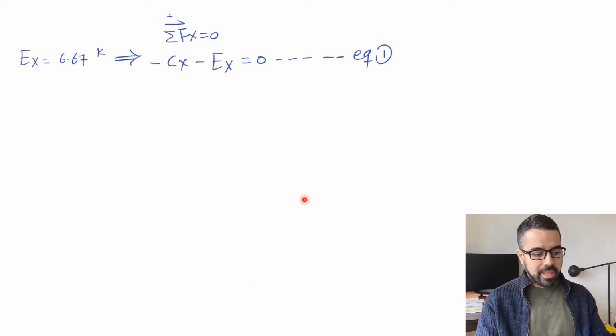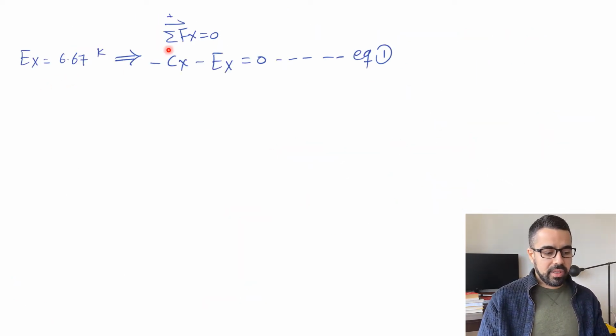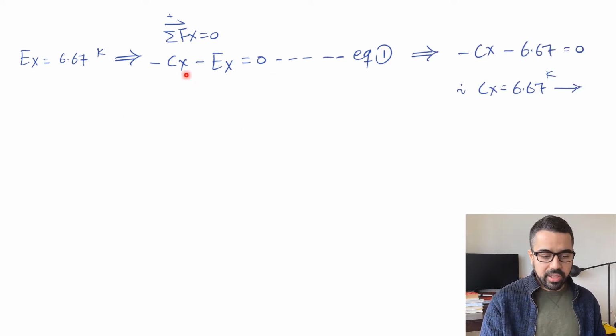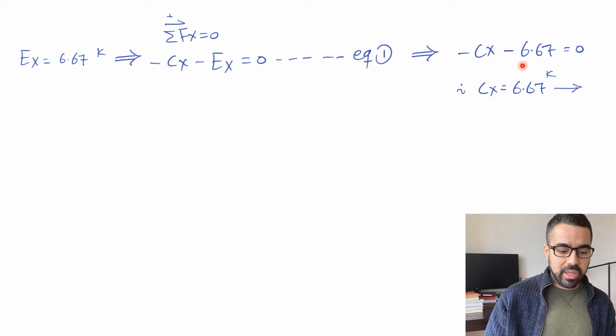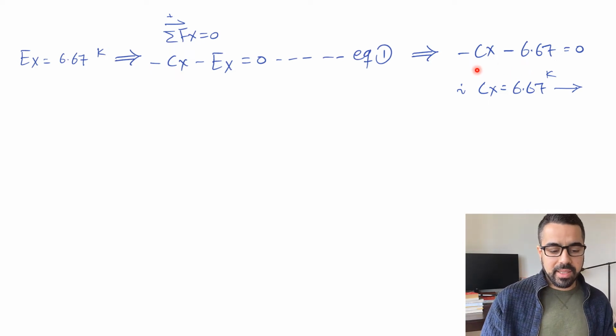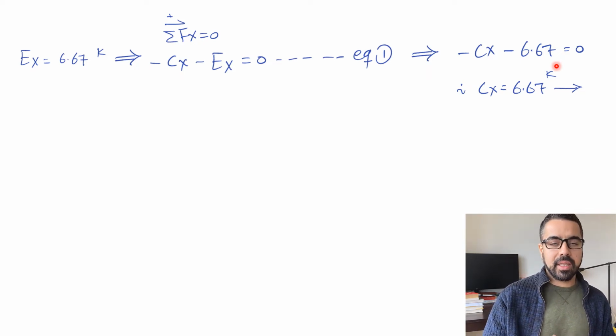So from Ex, basically 6.67, from equation number 1, if you substitute it, we're going to get Cx basically equal to 6.67. And if you solve the equation, you will see minus Cx equals 6.67. So that means Cx is basically a negative number.